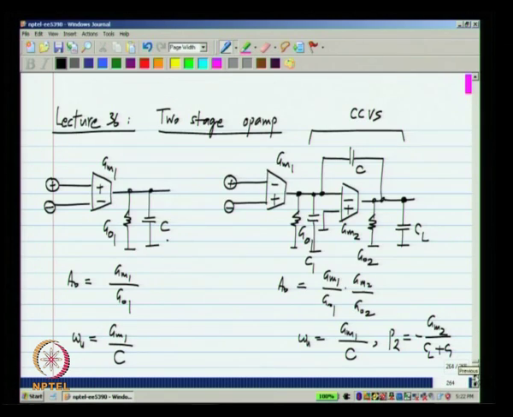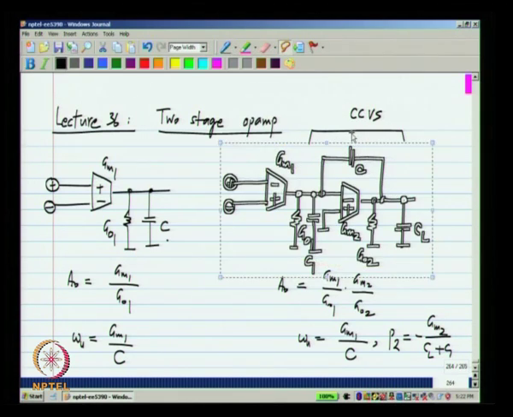Now, we already know the small signal parameters of such a topology. Okay. Let me put this down again.